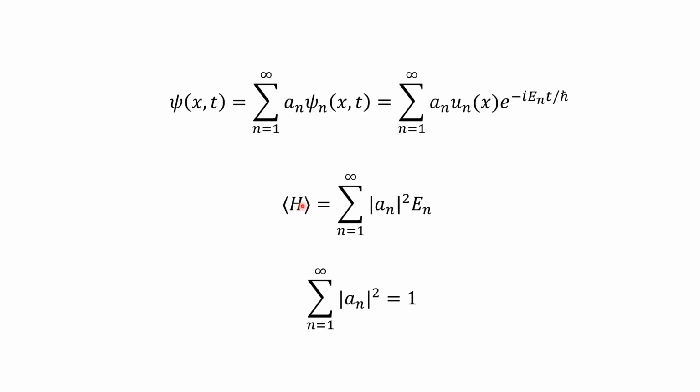The expectation value of the Hamiltonian is equal to the summation from 1 to infinity of modulus a_n squared times E_n. That is, if you operate the Hamiltonian operator on this total wave function, you will get E_n, where modulus a_n squared is nothing but the probability.